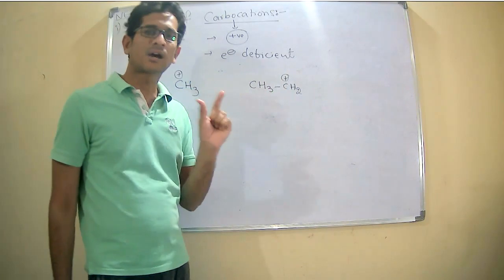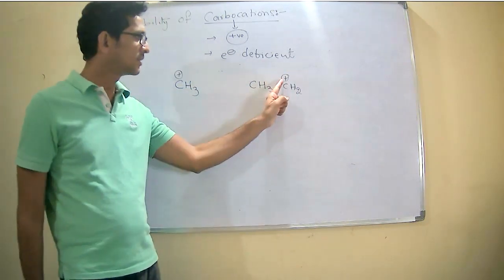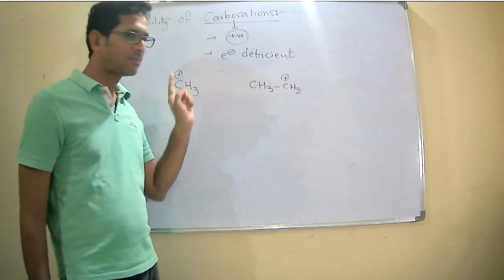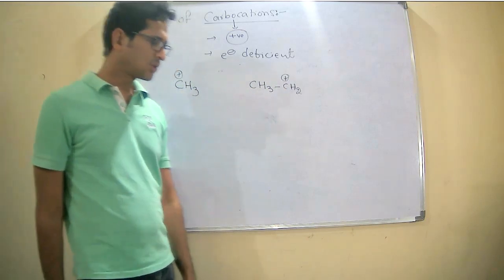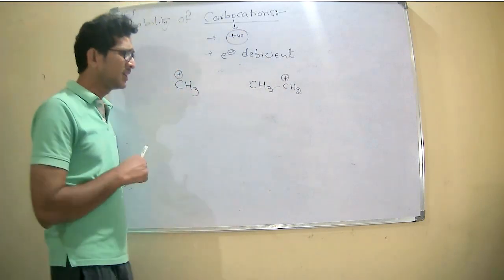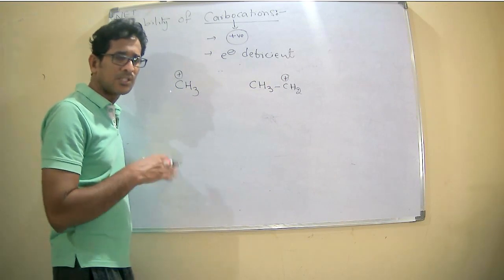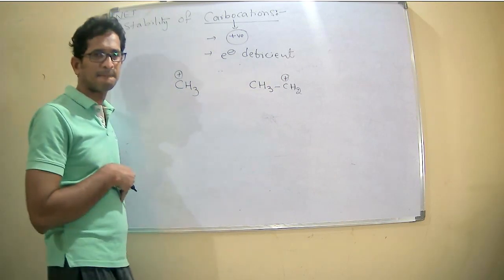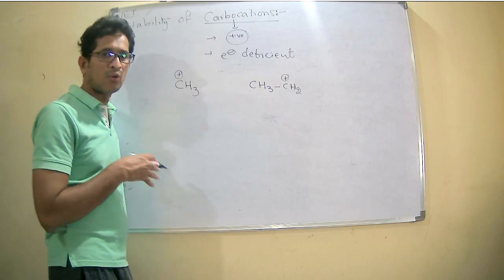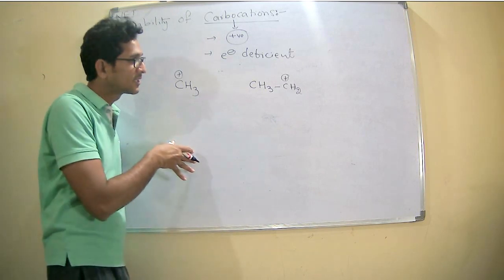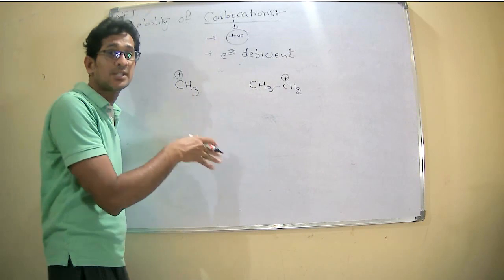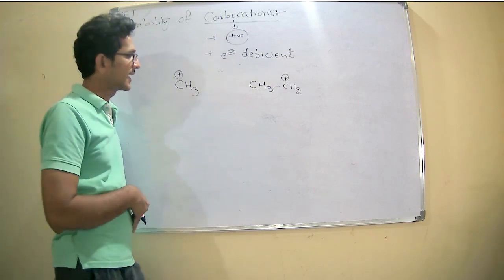Both are carbocations with a positive charge. My question is, among the ethyl and methyl carbocations, which is the more stable carbocation, and how does the inductive effect decide it?